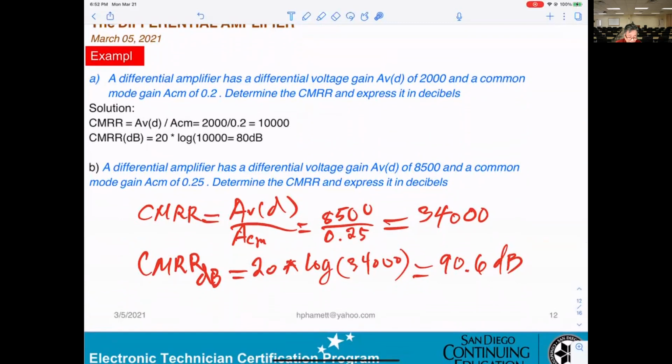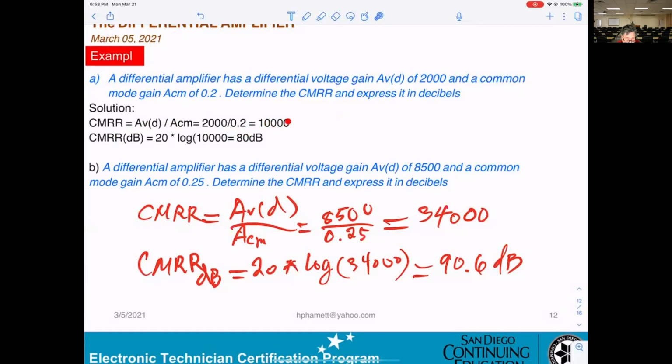Okay, now, example. A differential amplifier has a differential voltage gain of 2000 and a common mode gain of 0.2. They want the common mode rejection ratio. Just apply the formula and do the calculation. CMRR equals AVD divided by ACM, 2000 divided by 0.2.